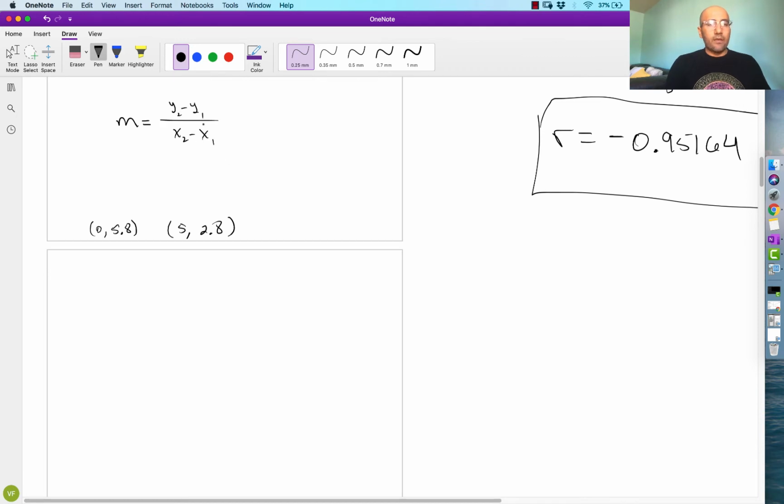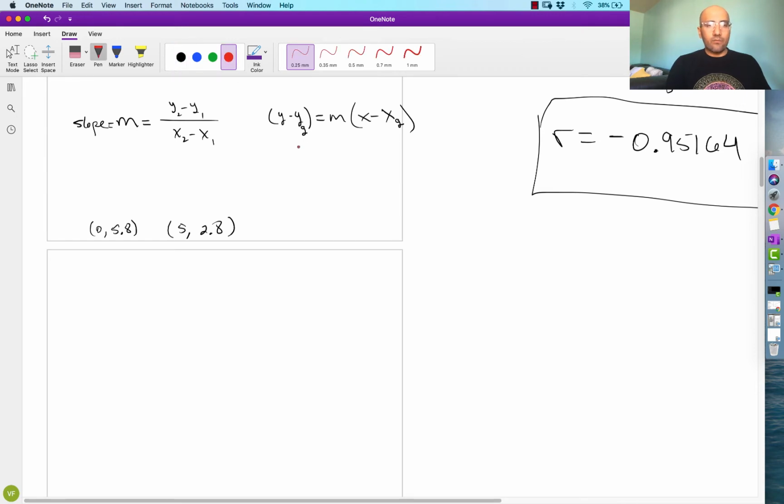Once you find m, the slope, you can use this equation: y minus y sub given equals m times x minus x sub given, where m is the slope and (x sub g, y sub g) is some given ordered pair.